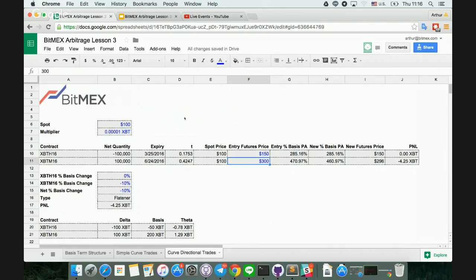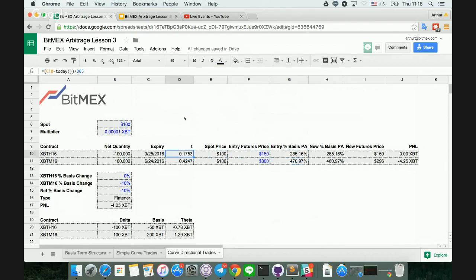And now we look at our entry basis per annum. Now, in the previous example, we described a situation where we sold the expensive futures contract on a percentage basis per annum terms, and we bought the cheaper futures contract.